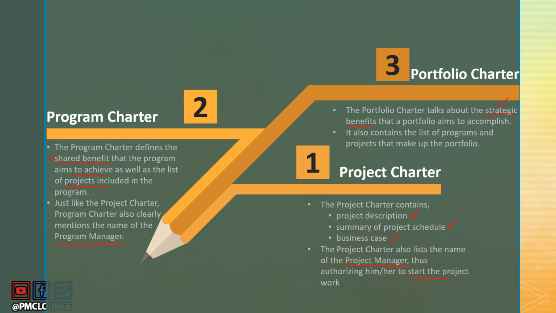Finally, it also contains the list of programs and projects that make up the portfolio, because a portfolio can include not just programs but also certain projects. Also, the name of the portfolio manager is present in the portfolio charter, thereby authorizing the portfolio manager to start his or her work.